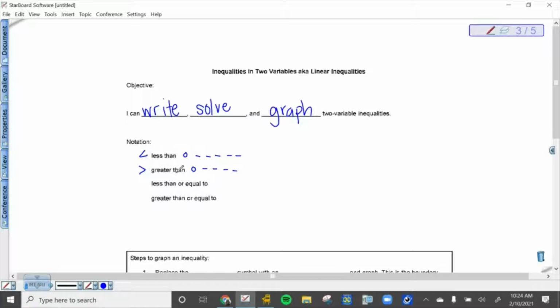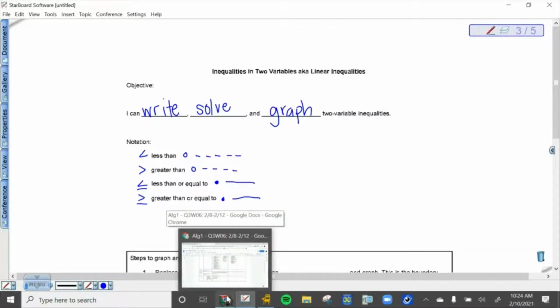For the strict inequalities, we're going to use a dotted line. Don't worry, it'll make more sense in a minute. And then for the not strict inequalities, less than or equal to, greater than or equal to, instead of a closed circle, we're going to just use a solid line.